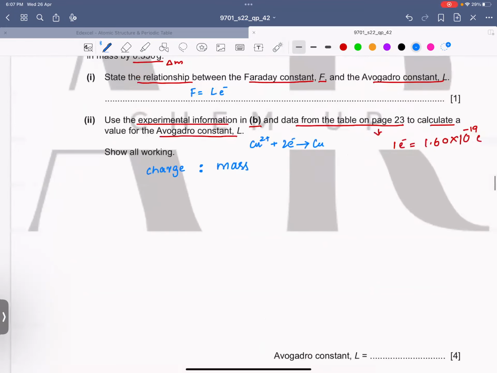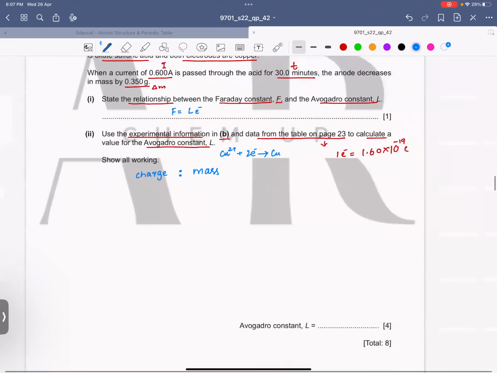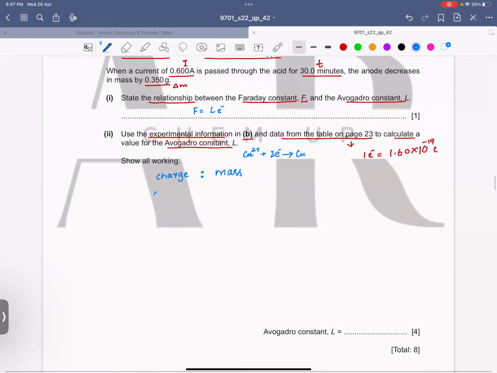According to the question, we have used 0.65 ampere current for 30 minutes, which must be multiplied by 60 to turn into seconds. And for that much coulomb charge, the mass deposited is 0.350 gram.